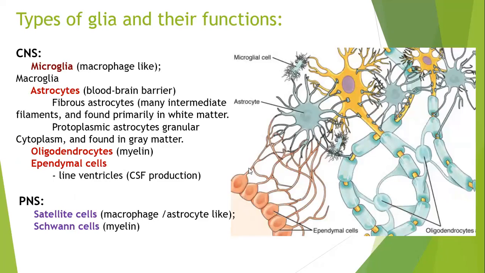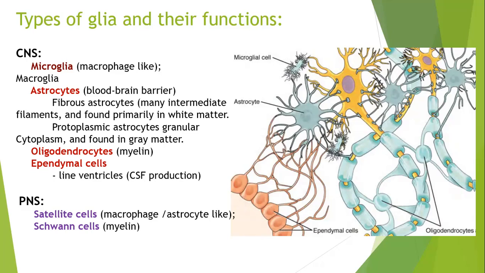Now, let us first focus on the glial cells. Then we'll be able to go and look at the structure of the neurons. The glial cells can be divided into two categories. There are those that are found within the CNS, and then those that are found within the PNS.